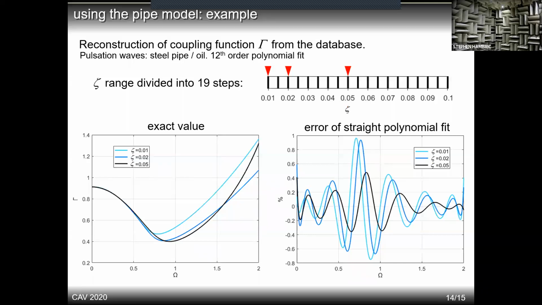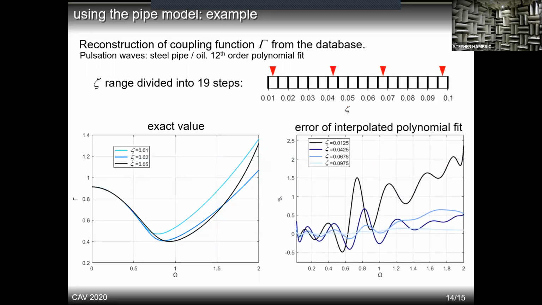More interesting is to see how we can recover the function gamma for the values of zeta which were not used to construct the database. This is shown now here.